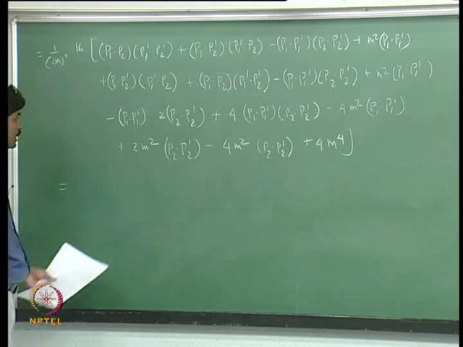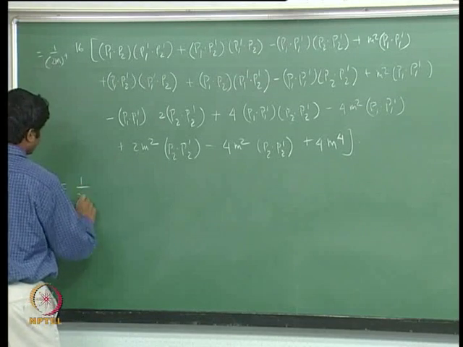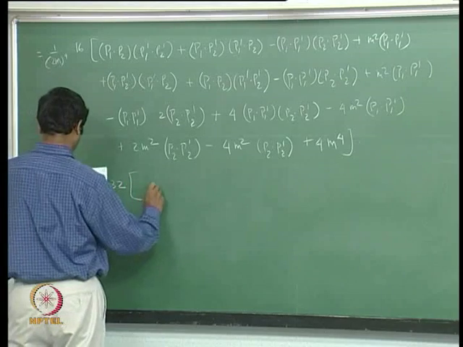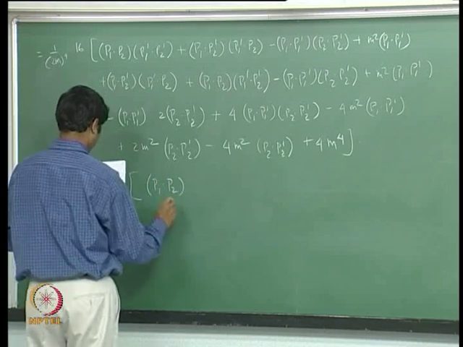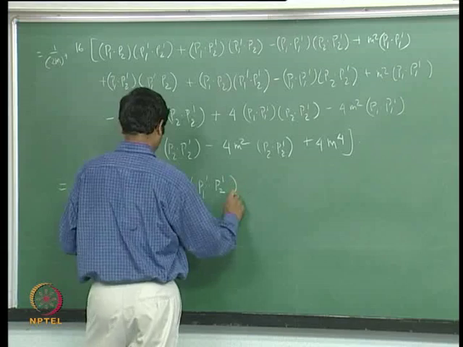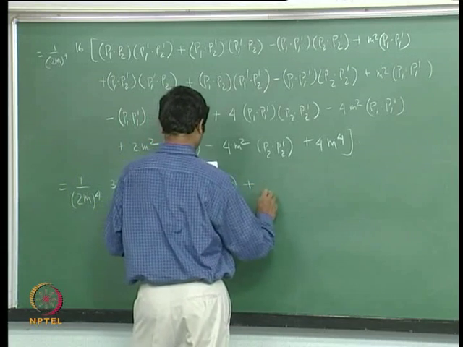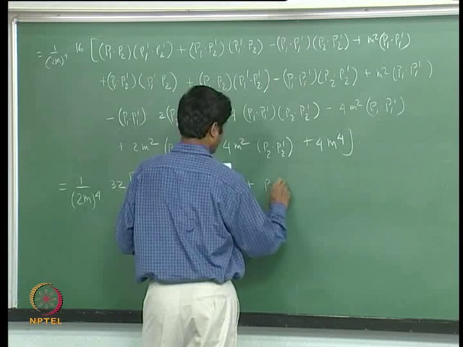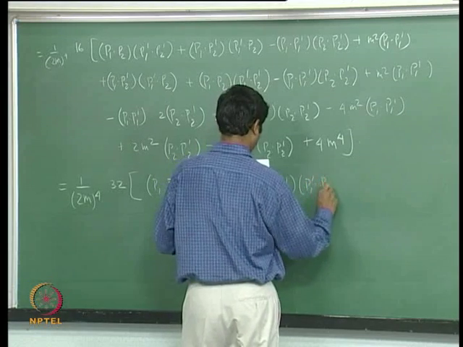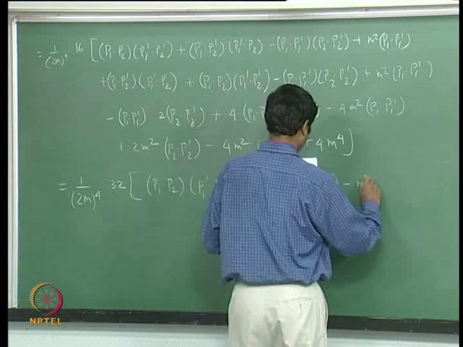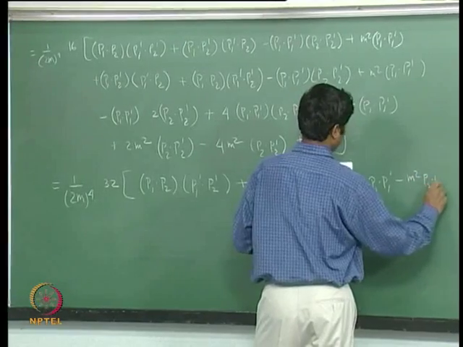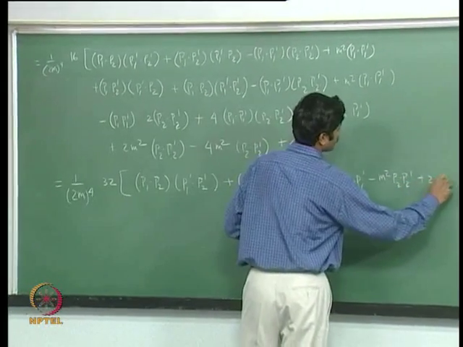So, what I will do is that I will just write down the answer for you: 2m to the power 4 times 32 [P1 dot P2][P1 prime dot P2 prime] plus [P1 dot P2 prime][P1 prime dot P2] minus m square P1 dot P1 prime minus m square P2 dot P2 prime plus 2m fourth.